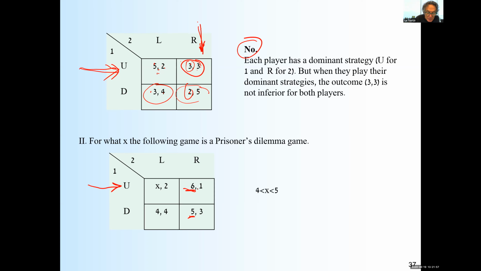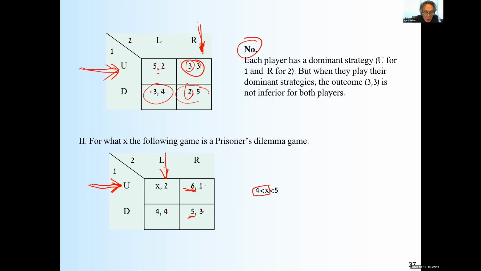It cannot be down because 6 is more than 5. So I have to have X more than 4. If X is more than 4, and 6 is more than 5, then this is strictly dominant. For player 2, we can see that L is strictly dominant. Why? 2 is more than 1 and 4 is more than 3.